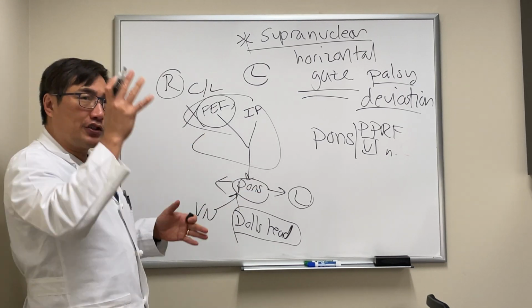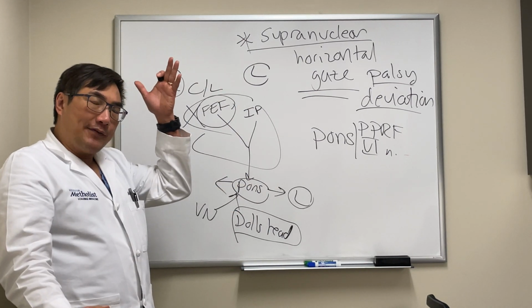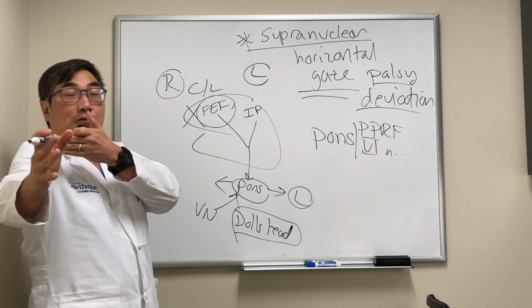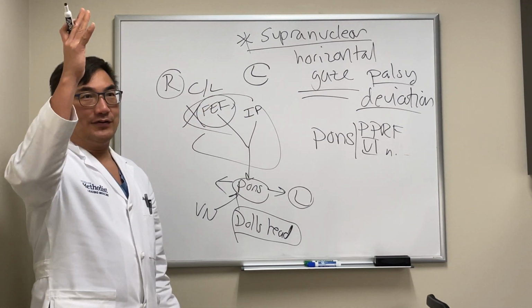And so if you have a destructive lesion in the right frontal eye field, the left frontal eye field will be unopposed, and so it will drive the eyes to the right. So you'll be looking towards the lesion in a destructive lesion.